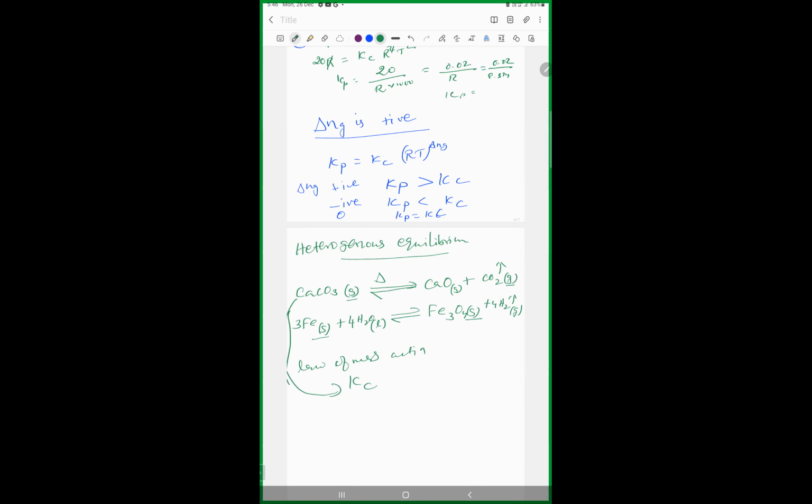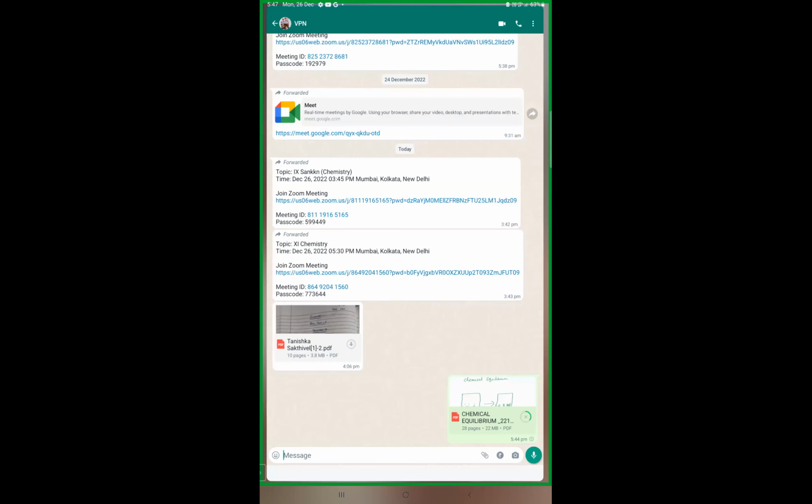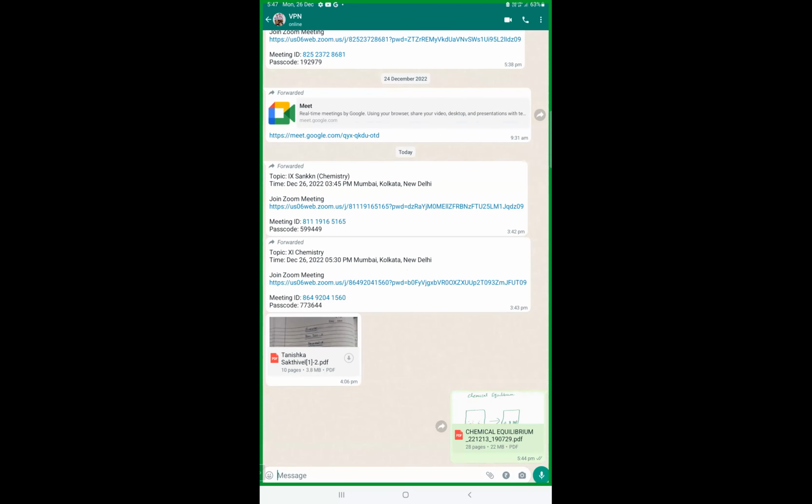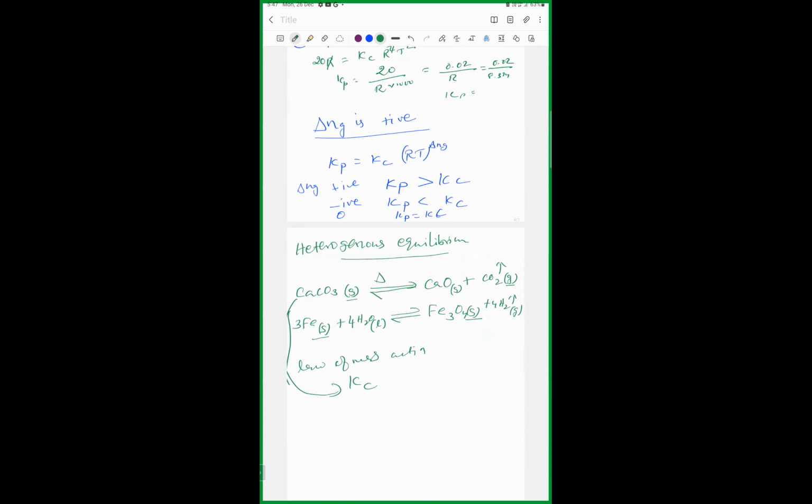How do we apply the law of mass action? Mithran? Ashwin?